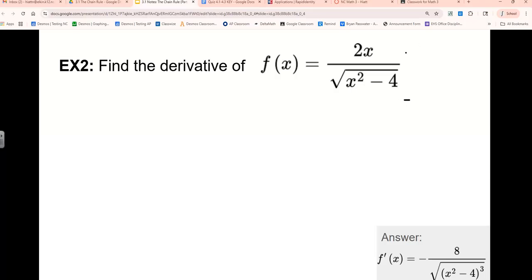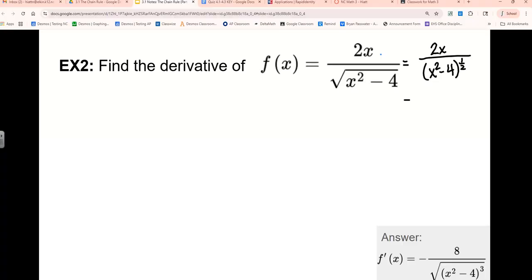Now, no matter what you do, you need to change that square root to x squared minus 4 to the 1/2 power. I am not moving this up to the top. I'm going to use quotient rule this time. So for quotient rule, I am not going to make that a negative exponent. If you want to make it a negative exponent, then you'll be using product rule for that.